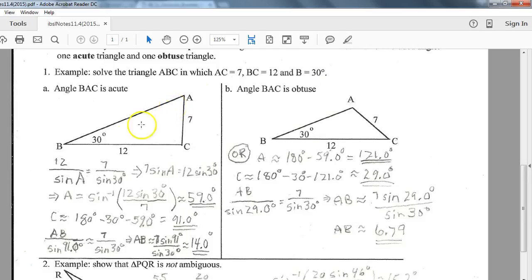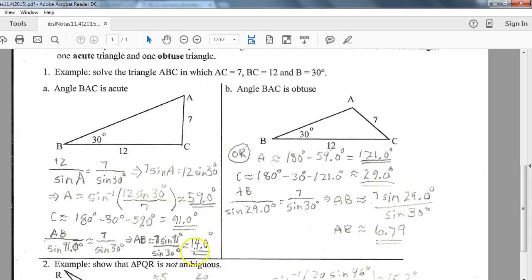So if that's 59, that's 30, subtract those from 180, and we would see that angle C is 91 degrees. And we'd say, okay, those numbers make sense. If we went through with another round of the law of sines, this is what you would get for side AB: 14.